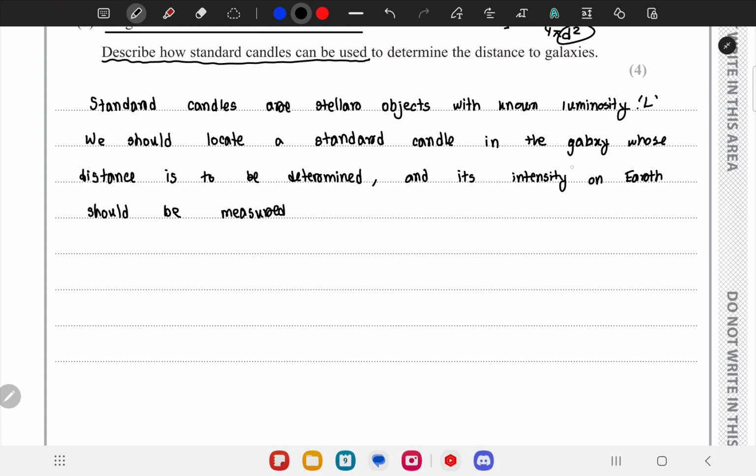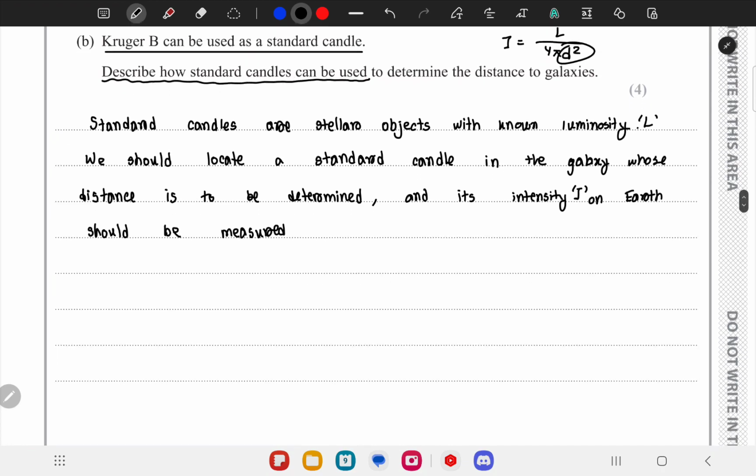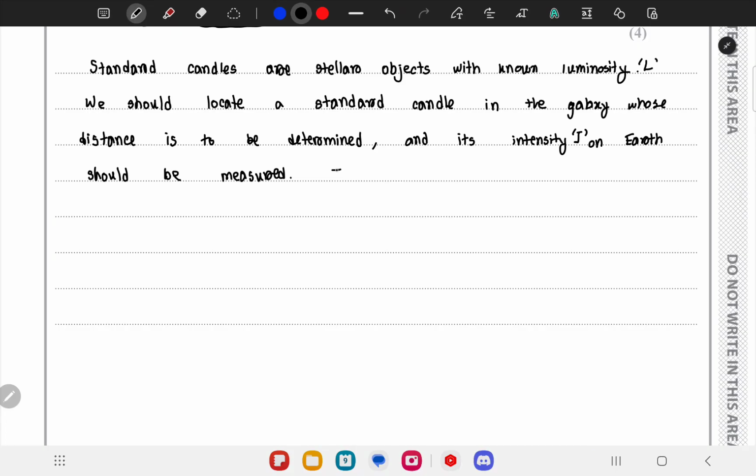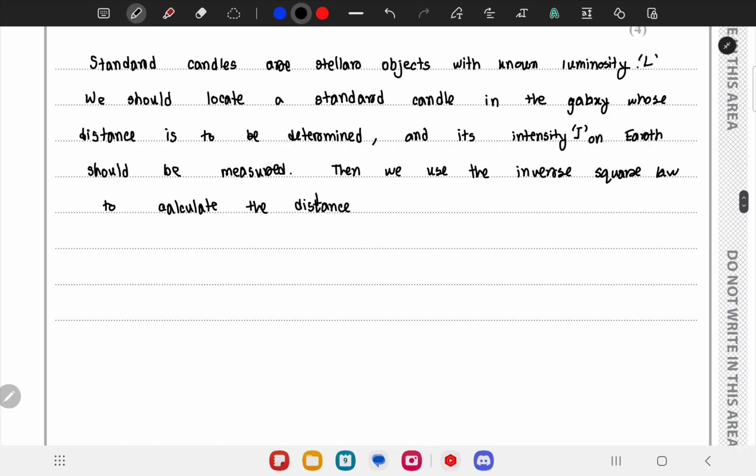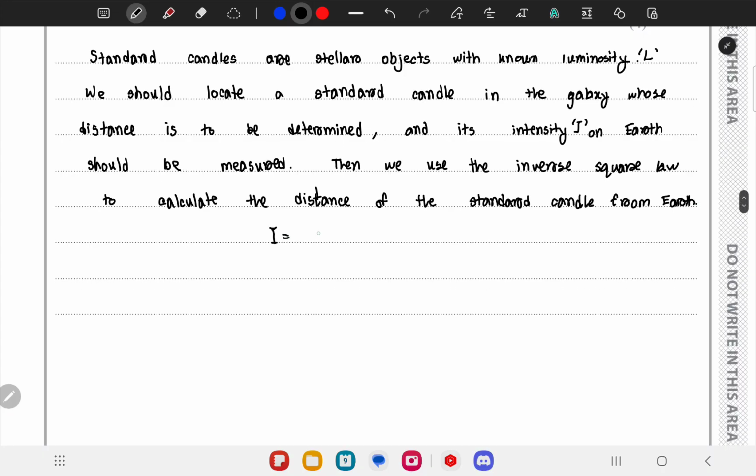We can label luminosity L and intensity I, so we can just put the equation. At last we'll show how the equation is used.